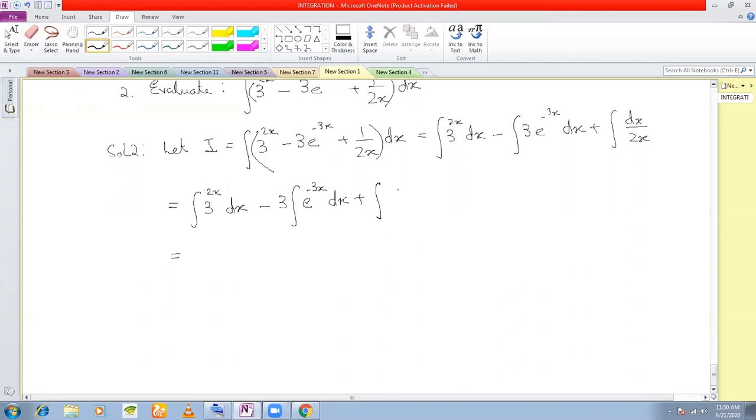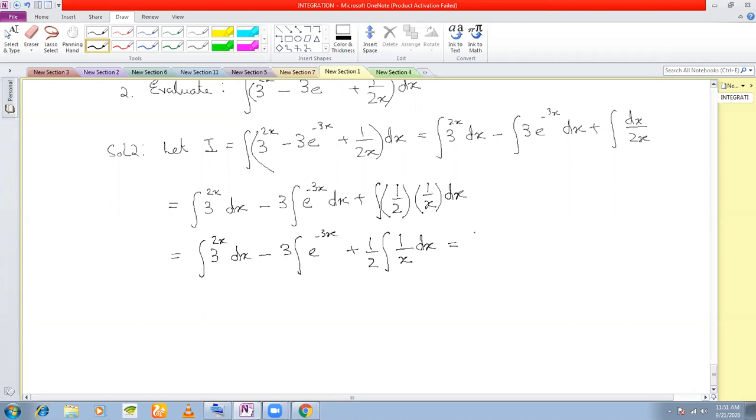Integral dx by 2x can be written as half of 1 by x dx, right? Plus, you can now take half out of the integration, and write this as integral 1 by x dx.